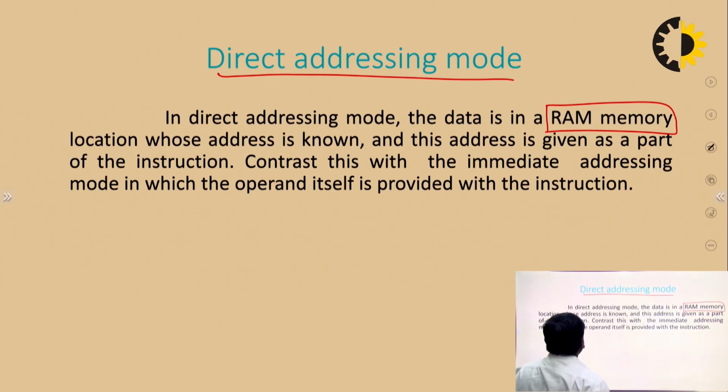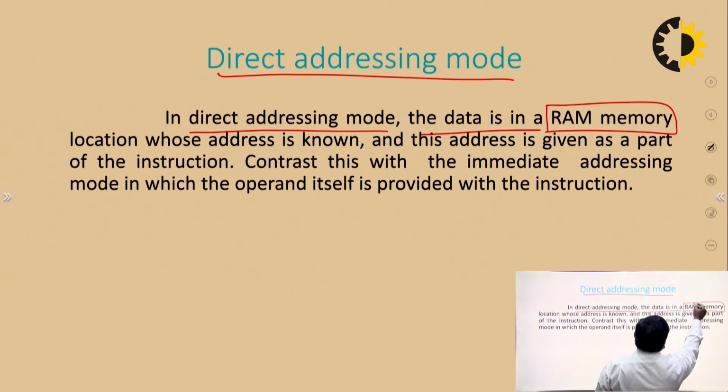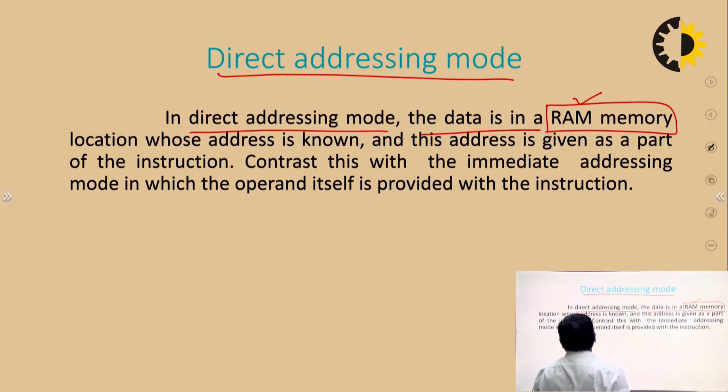Now, in direct addressing mode, the data is in RAM at a known address, and when data is stored in memory, it means we require the address of the memory. This address is given as part of the instruction, and the instruction gives the address of the memory directly. So it is called the direct address mode.